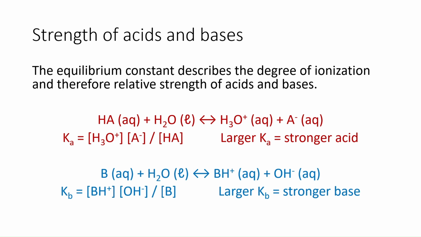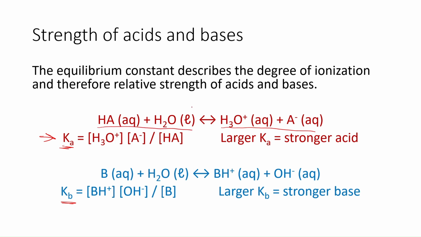So to figure out if you have a stronger or weaker acid or base, you can consider the Ka or the Kb, the equilibrium constant. And the equilibrium constant in the case of an acid, shown at the top, is, like many of the other equilibrium constants we've talked about, the concentration of the products divided by the concentration of the reactants.